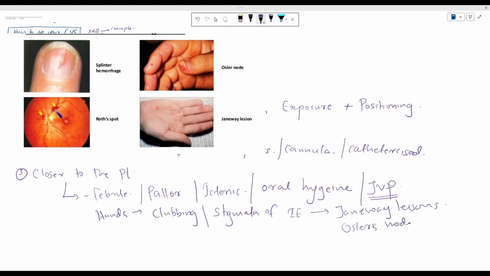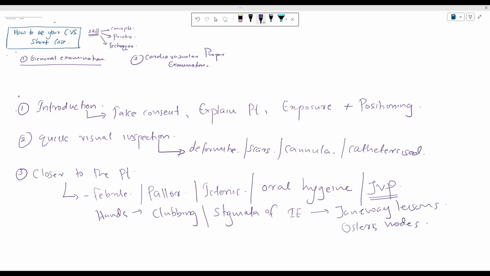So you need to palpate for them. You need to show the examiners that you are checking for them. Janeway lesions, Osler's nodes, right? So after clubbing and checking for peripheral stigmata of infective endocarditis, then you go to the legs. After you go to the legs, you check for edema.